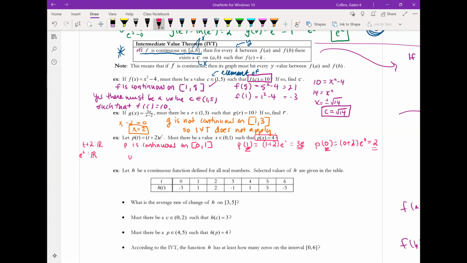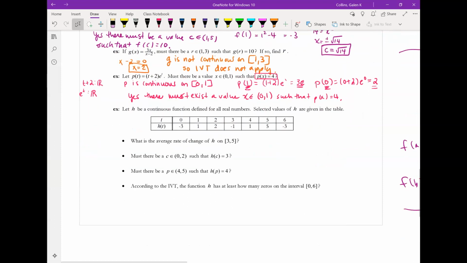So we could answer yes, there must exist a value x that's an element of the set from 0 to 1 such that p of x equals 4. And we were not asked to find what x is, so we're not going to.